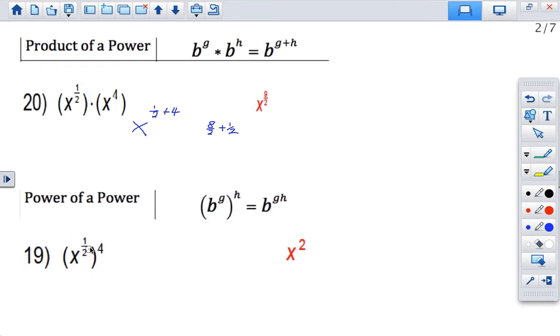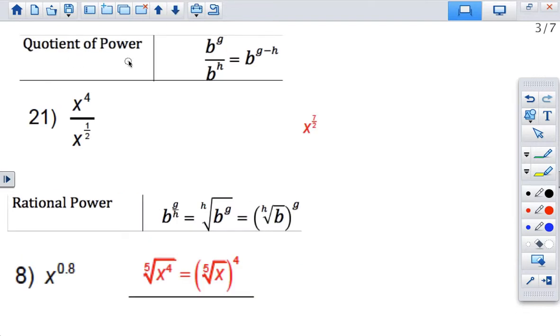Problem number 19, you would just have x raised to the power of 1/2 times 4. Then 4 divided by 2 is basically what you're doing, and that's going to give you x squared. These are the answers to these problems. I do want you to show your work on your worksheet, so make sure you know how to get those answers.